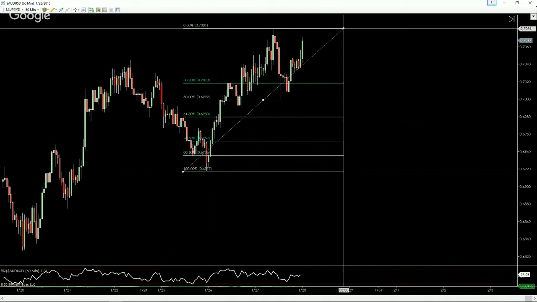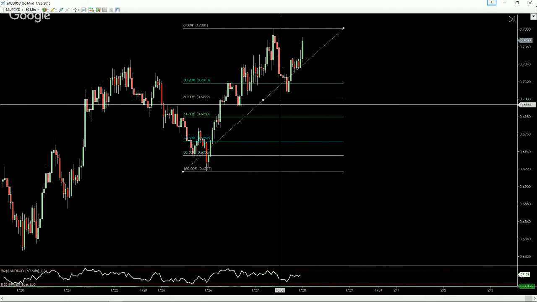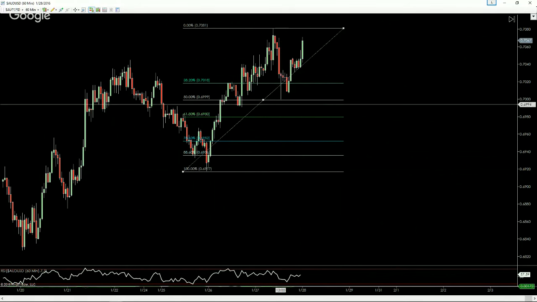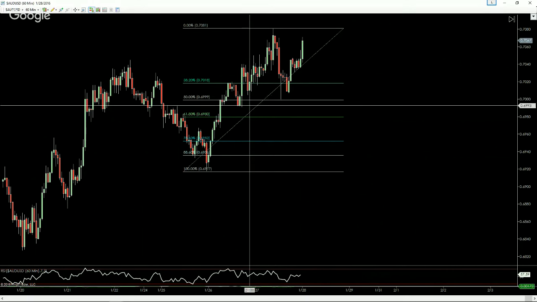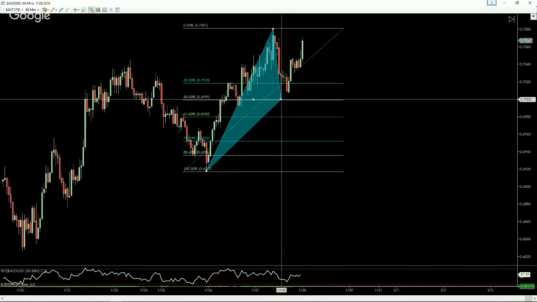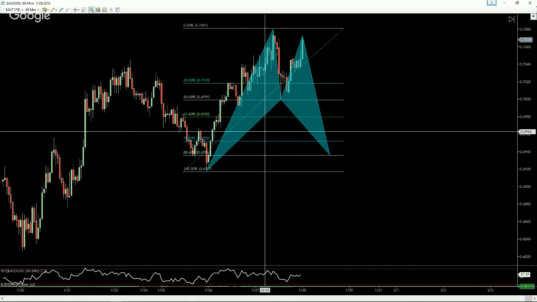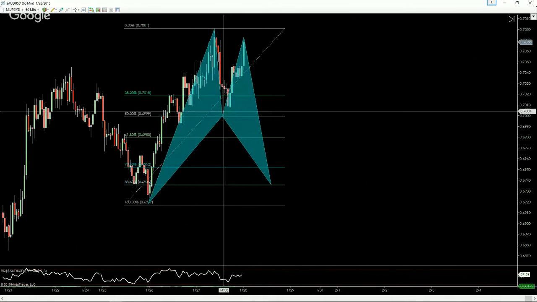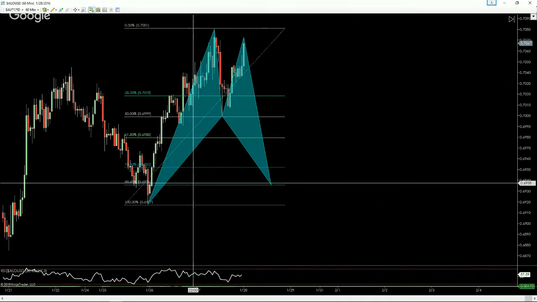Oh, my data is a little bit off, or about 1 pip off, but it looks like right here we could have a potential bat pattern. Just make sure your data is good with your rules. But if your price right here hit the 50%, you can have that bat pattern right there.